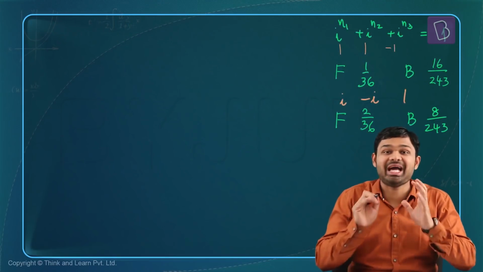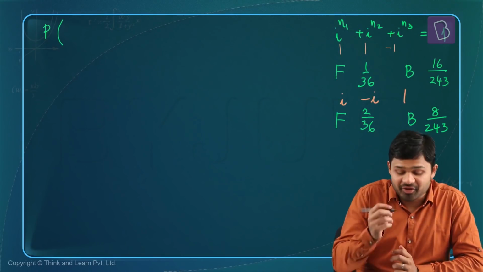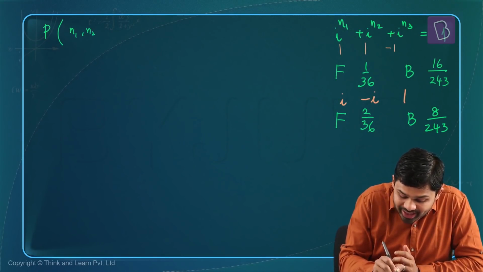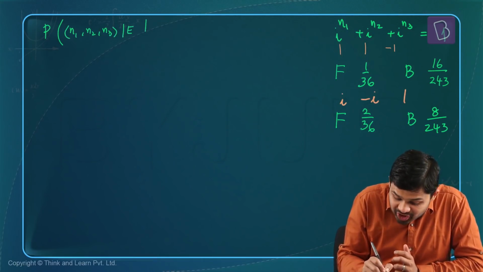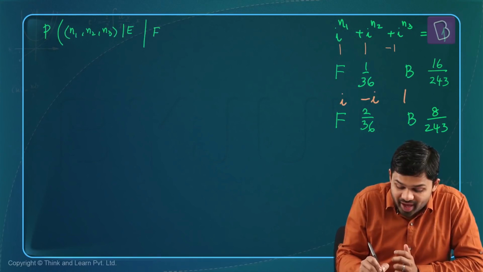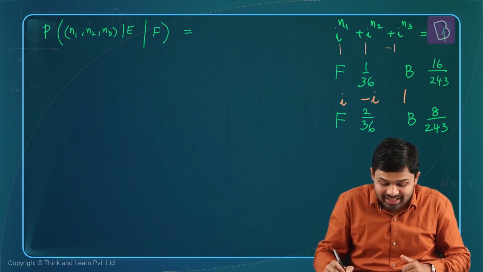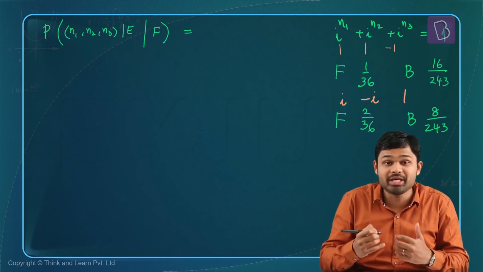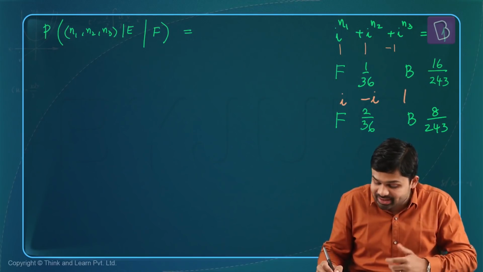So now we are in a position where we can find the probability that n1, n2, n3 satisfy the required event when we have used the fair die. Well, that is only possible with a probability of 1 by 36 plus 2 by 36.